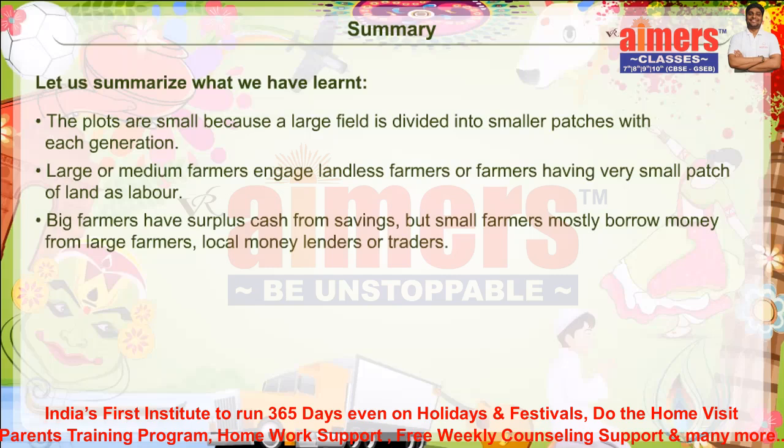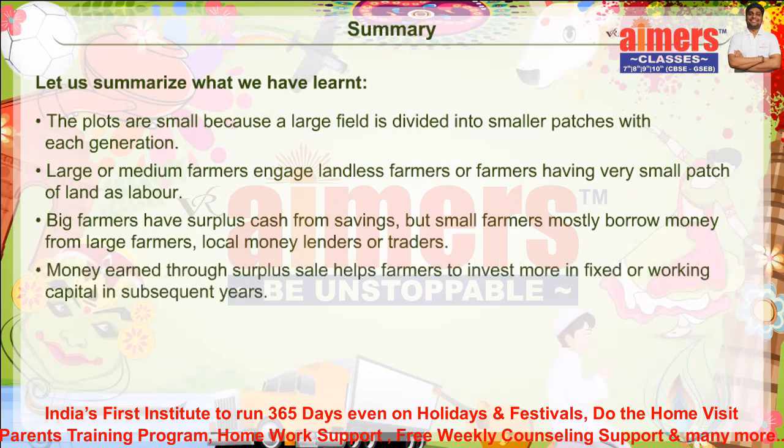Big farmers have surplus cash from savings, but small farmers mostly borrow money from large farmers, local money lenders or traders. Money earned through surplus sale helps farmers to invest more in fixed or working capital in subsequent years.